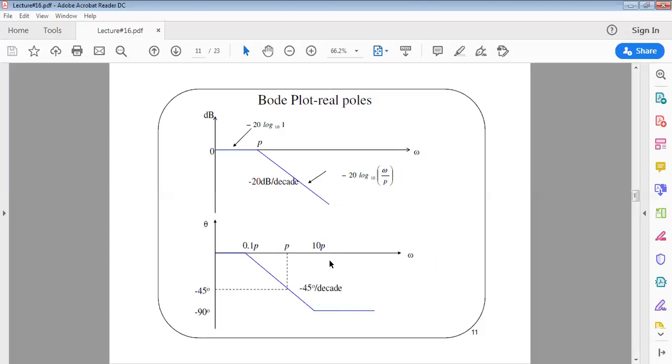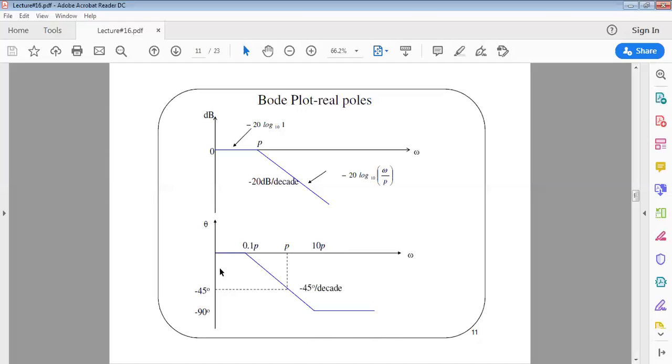So it can be noted that for one decade lower, so we have P here, the pole value, one decade lower, which is at 0.1 P, the angle will be 0 degrees. And for one decade higher, which is at 10 P, the angle will be negative 90 degrees.